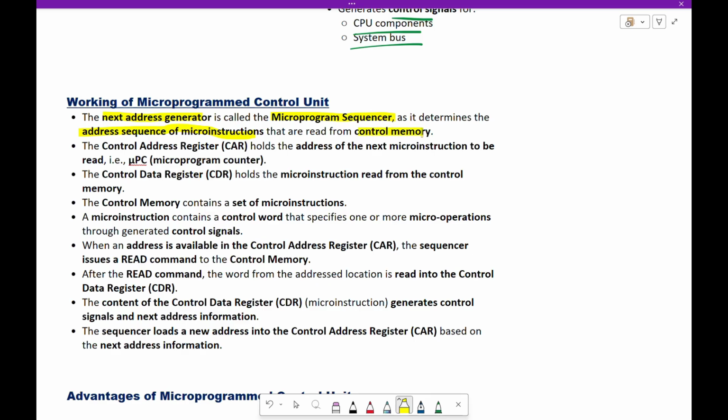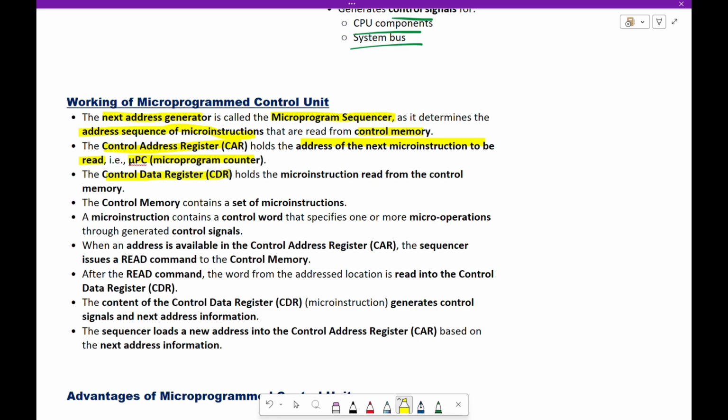The control address register holds the address of the next microinstruction generated by the microprogram sequencer, and it is sent to control memory.